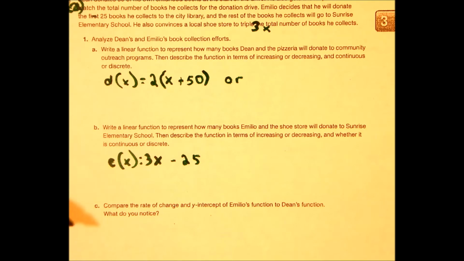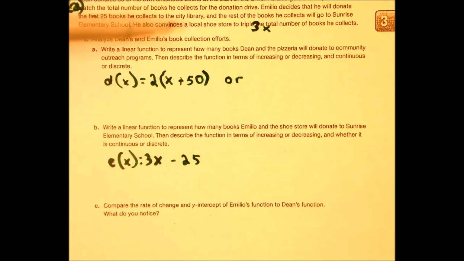Will Emilio? No, Emilio is starting in the negative because he's given 25 of those away. But who's collecting books or getting books at a higher rate of change? Correct. Emilio is getting them at a higher rate of change, where Dean is collecting 2 books. Emilio is collecting 3 times the books. Okay, so it's a higher rate of change.